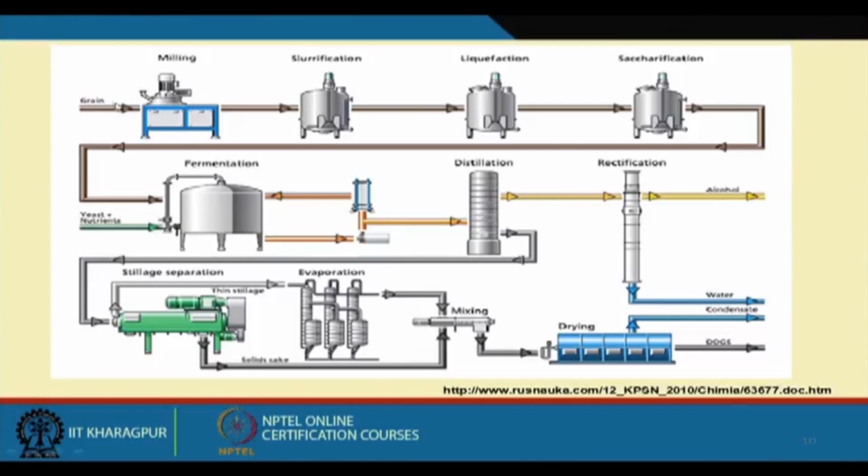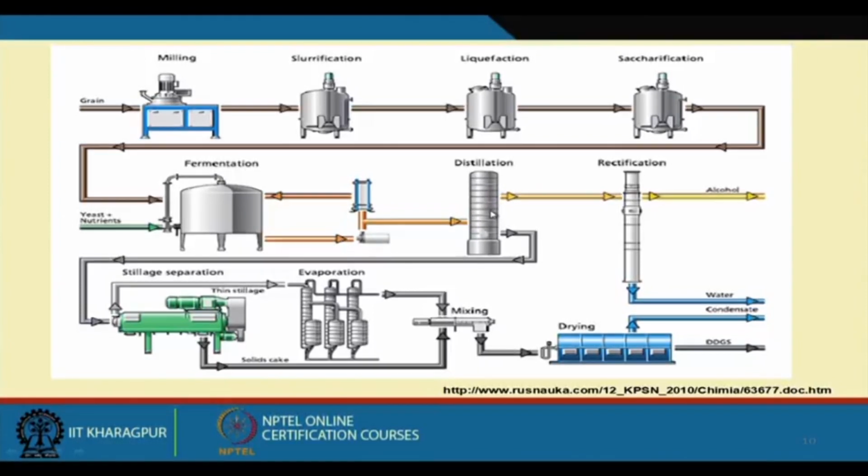Here we have the milling machine, then we make a slurry, then liquefaction, and we heat it to gelatinize the starch. After gelatinization, we add amylase enzyme for saccharification, and in this saccharified material we have sugar. We put it in the fermenter where we add some yeast and nutrient, and it undergoes the fermentation process.